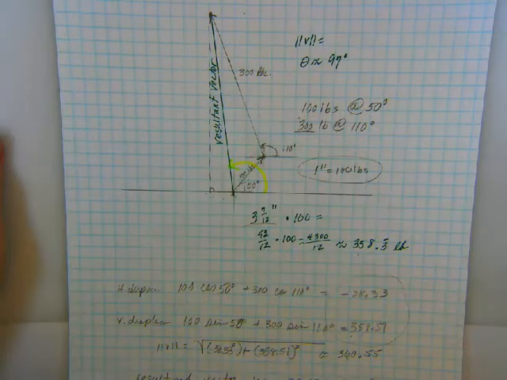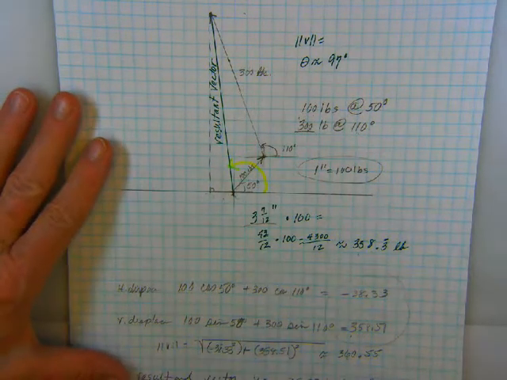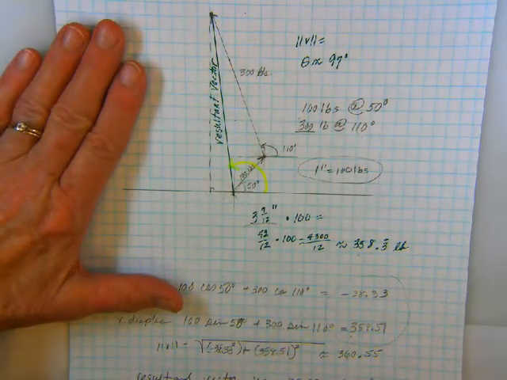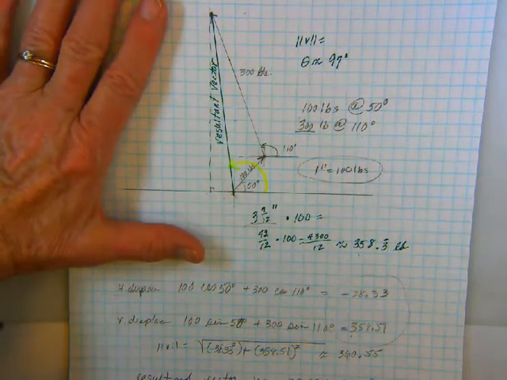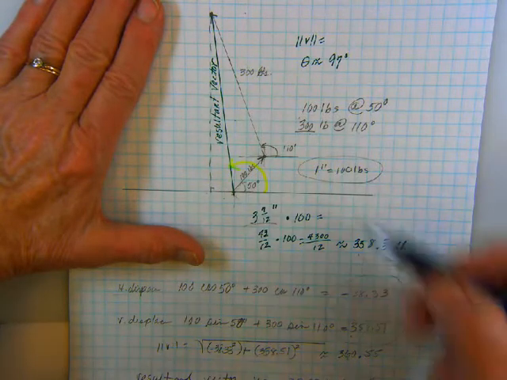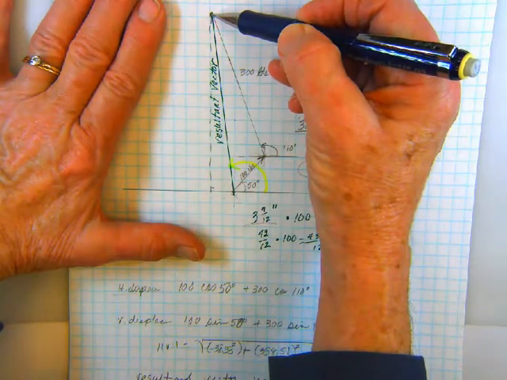Okay, sorry about that. Alright, guys, in order to find it, let's go back and look at what I've done right here. This one I drew, which is not the same one you drew, I found the end of my resultant vector.